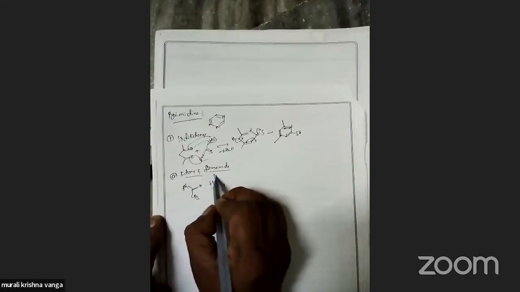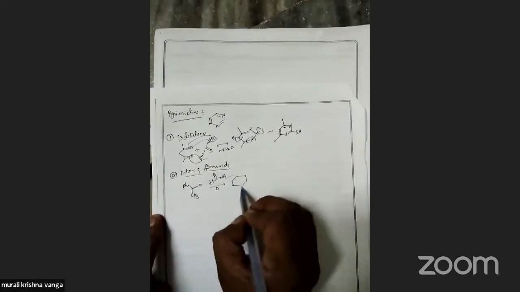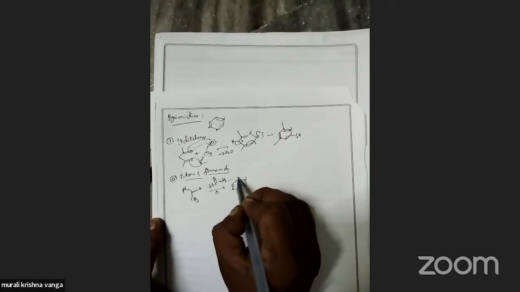Upon heating, we get pyrimidine as the product. For the mechanism, a base abstracts the proton from the alpha position of the ketone.